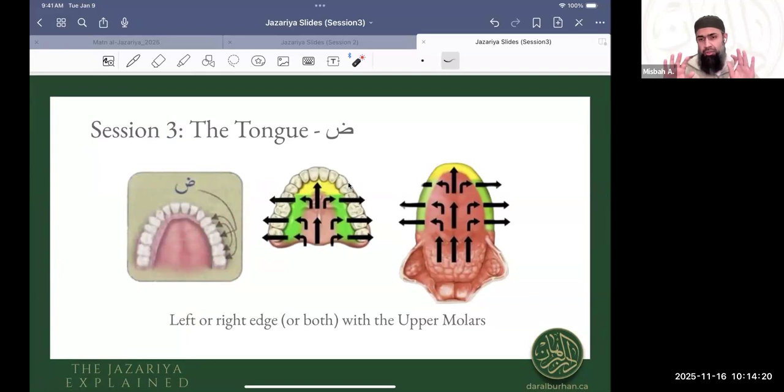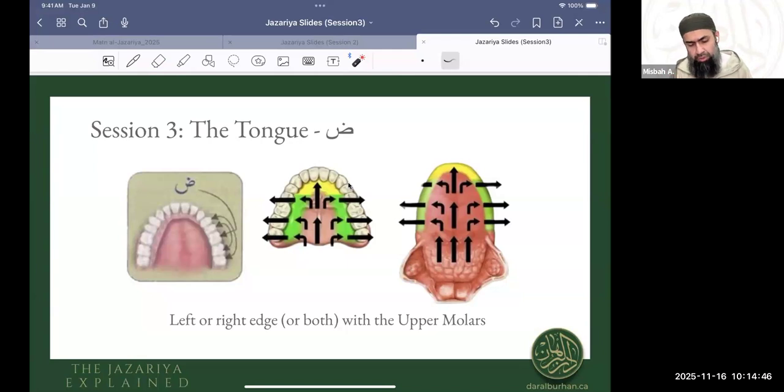Most people are unable to produce dad with both sides. It's a rarity, right? The scholars, they mentioned that the left is easier, okay? The right is a little difficult, and using both edges to produce dad is a rarity. It's rare that someone is able to do that, okay?